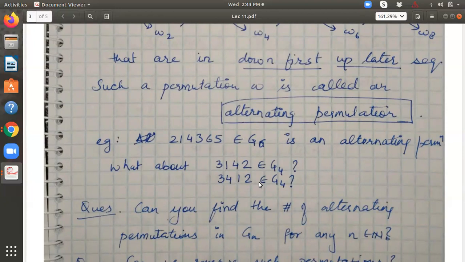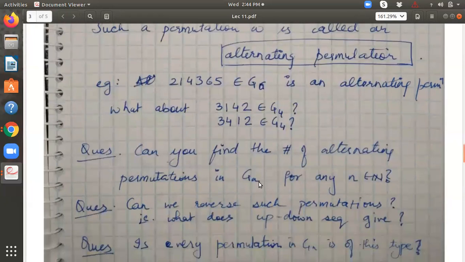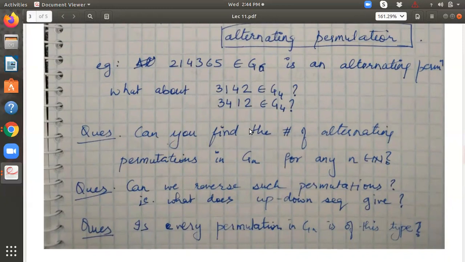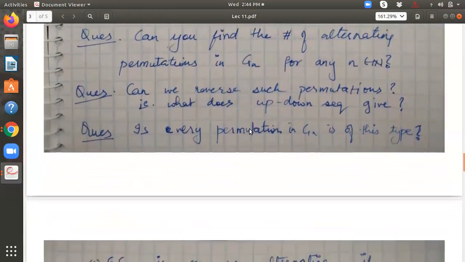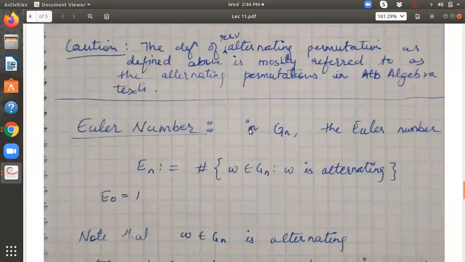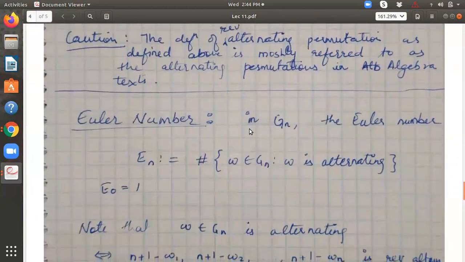So another question in our head is how many alternating permutations are there, or how many reverse alternating permutations are there? For that, we move to the Euler number.